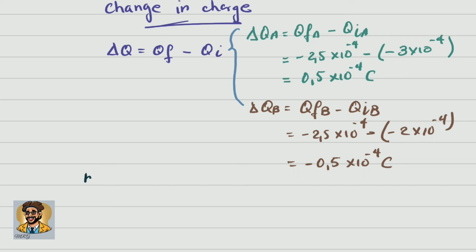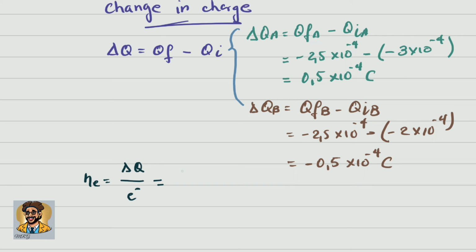So, the number of electrons is going to be equal to charge. We're speaking about the change in charge because they want the number of electrons that were transferred during the process. This is why we're using the change in charge divided by the charge of one electron. It can be written QE or just e. You know what? Let's write it just e. And you know I'm referring to the charge of one electron.